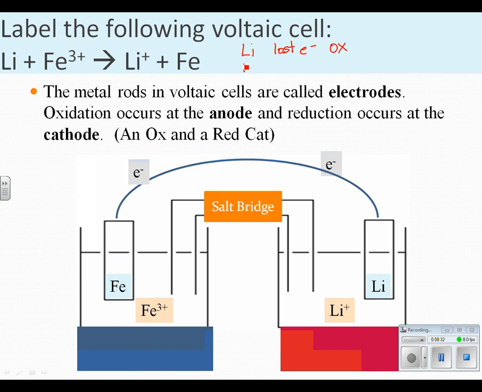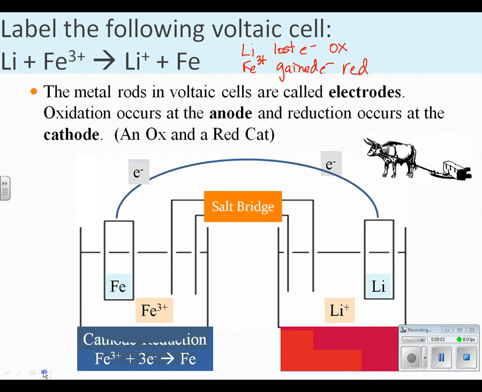And the Fe went from Fe3 positive and gained electrons, which made it reduced. So the Fe3 positive was reduced, so we would label that as a cathode, because cathodes have reduction.